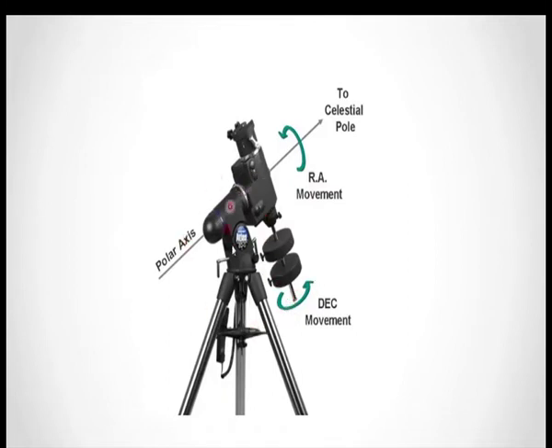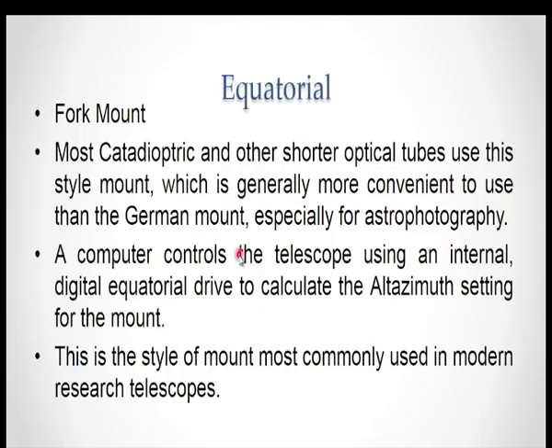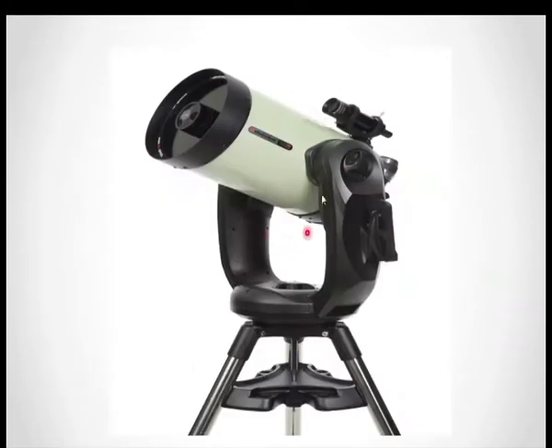This equatorial mount is used to view stars which are moving. So alt azimuth mounting and equatorial mounting are the two different mounting systems in telescopes. This is how you can mount a telescope. Then there is the fork mount; this is the fork mount of a telescope.